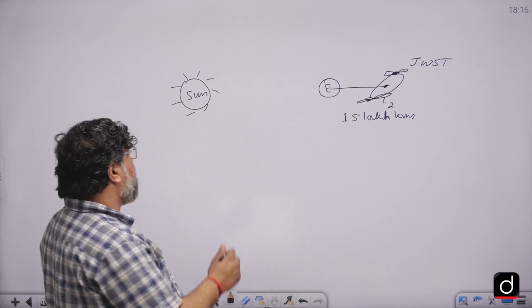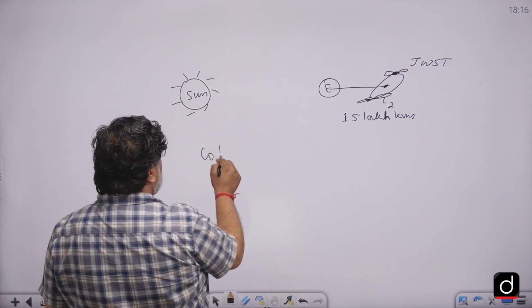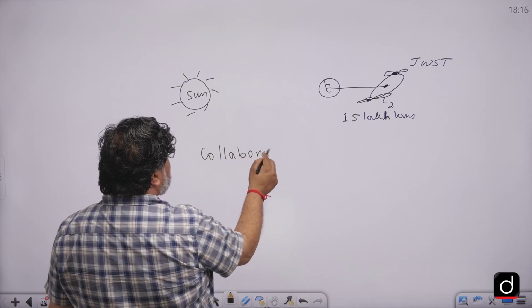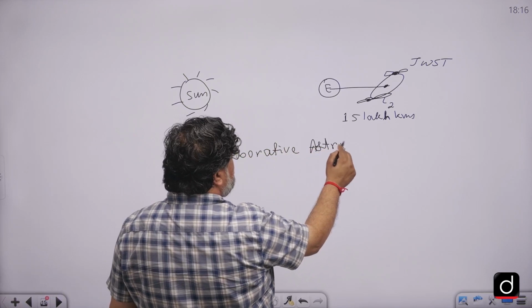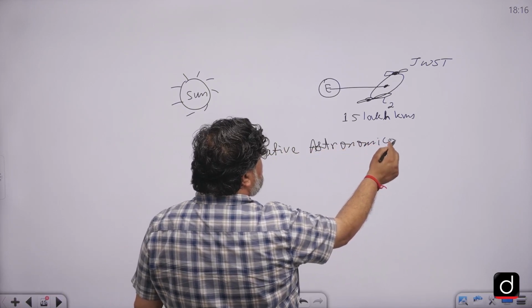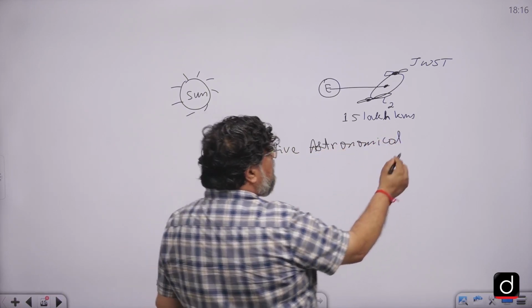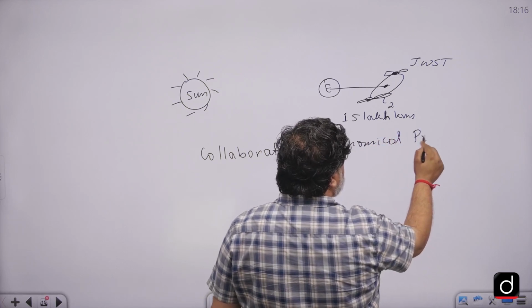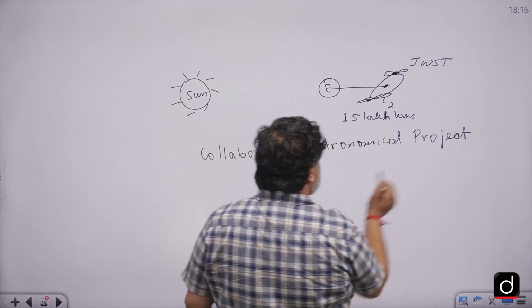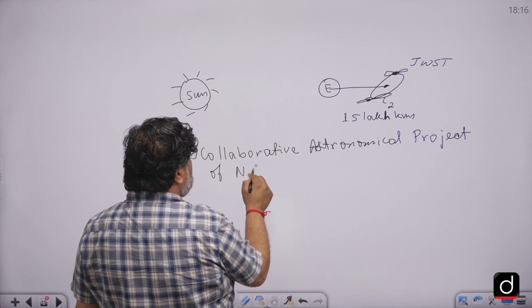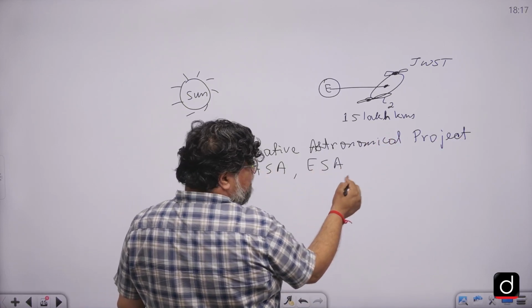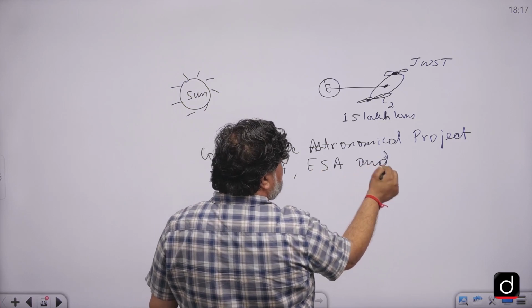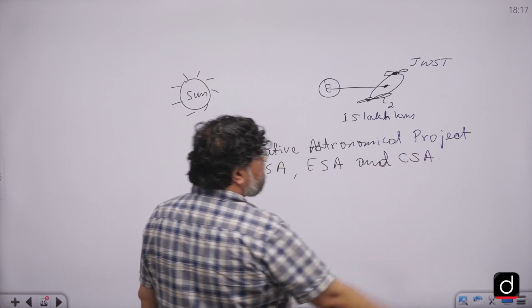Now what comes here? This is a collaborative astronomical project. So in the introduction you write about the three main points: an astronomical project of the American Space Agency, NASA. Then comes ESA, the European Space Agency, and the Canadian Space Agency, CSA.